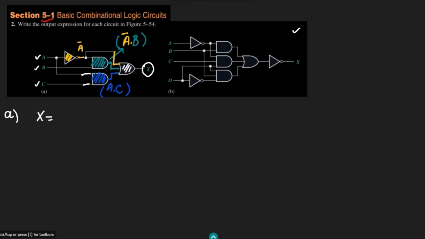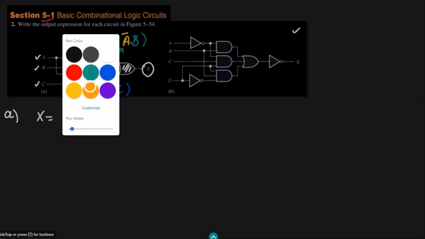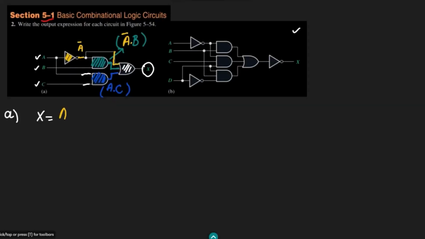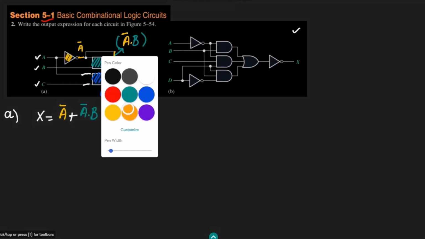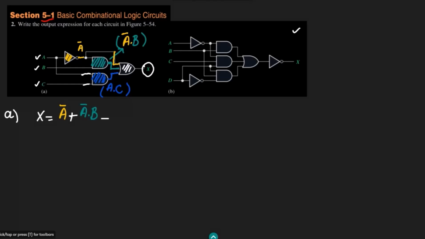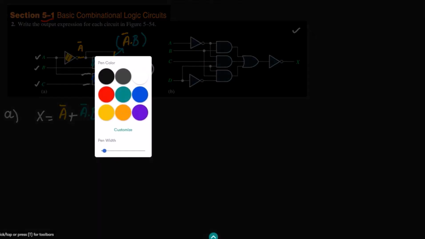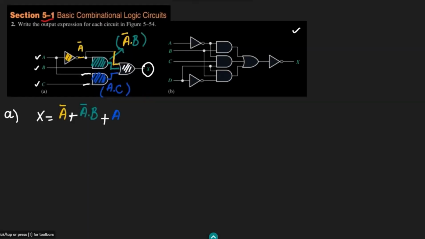The first input which is given to it is this A complement, so let me write it with this A complement, and then it is OR, and as this is the output of this gate, let me write it A dot B. Similarly it is ORed with this, the second input, and the third input is this one, A dot C.